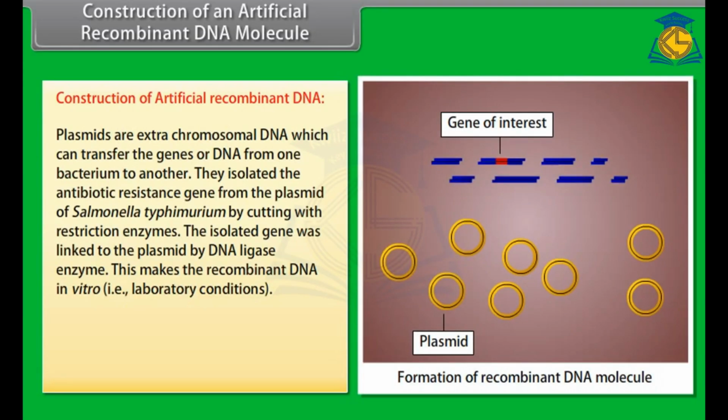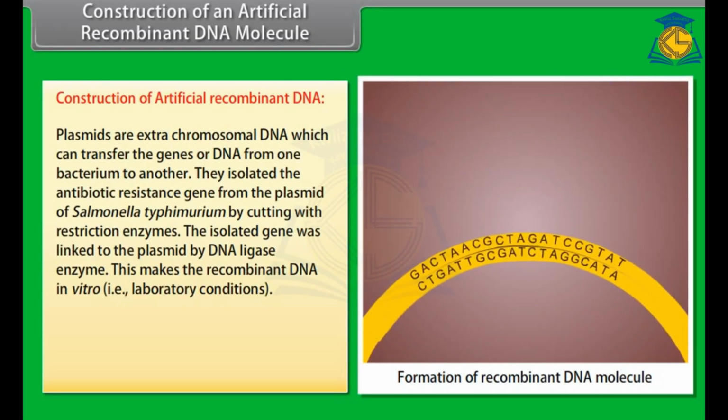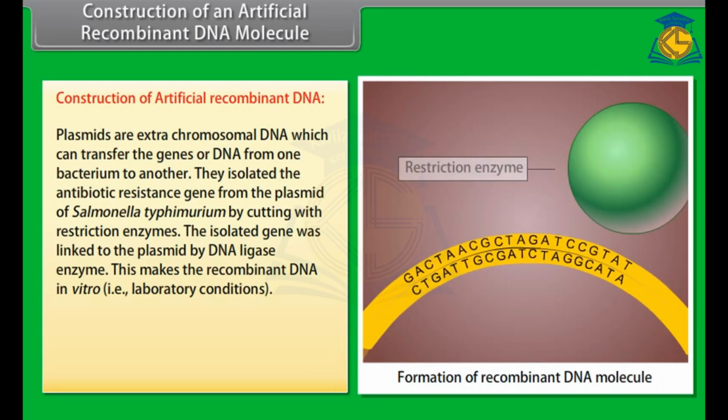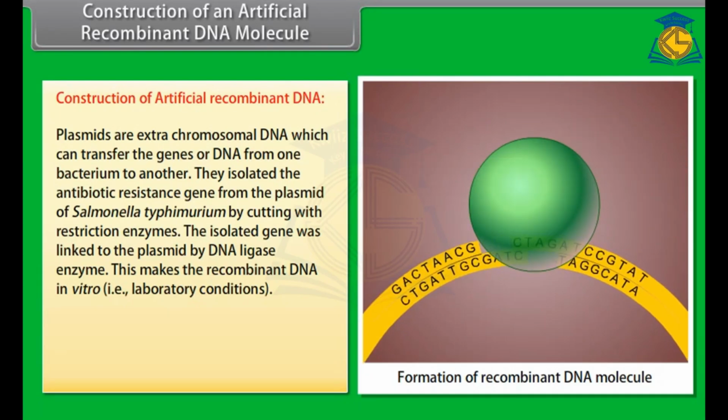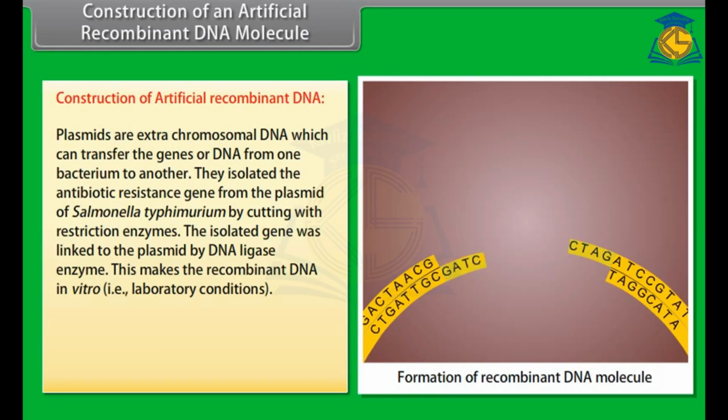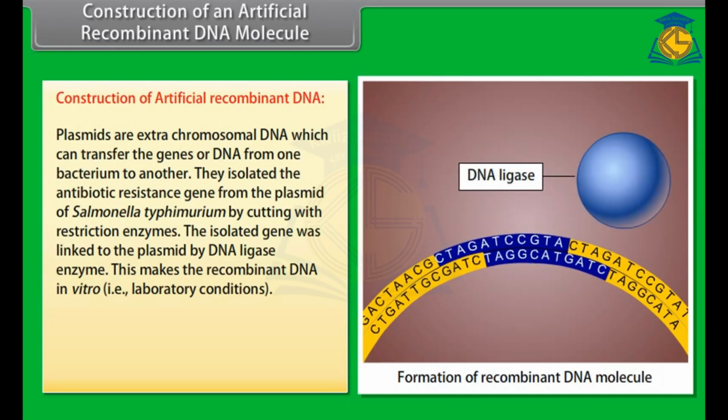Construction of artificial recombinant DNA. Plasmids are extrachromosomal DNA which can transfer the genes or DNA from one bacterium to another. They isolate the antibiotic resistance gene from the plasmid of Salmonella typhimurium by cutting with restriction enzymes. The isolated gene was linked to the plasmid by DNA ligase enzyme.